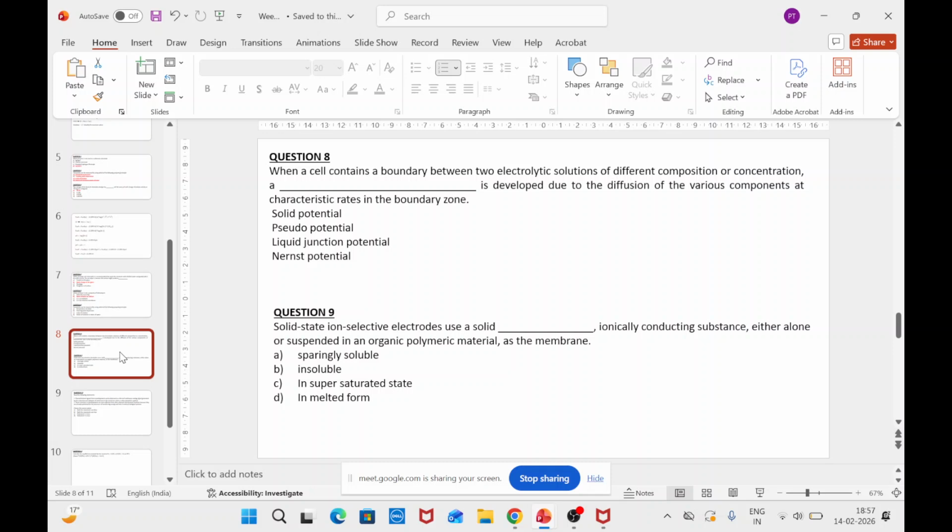Is it solid potential, pseudo potential, Nernst potential, or liquid junction?